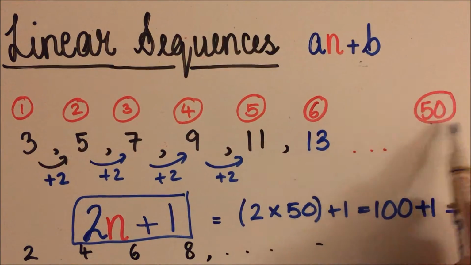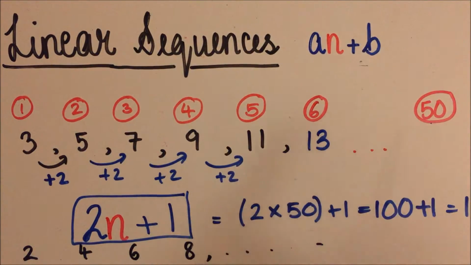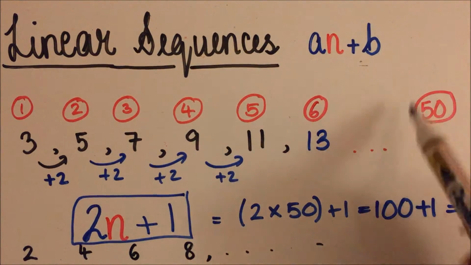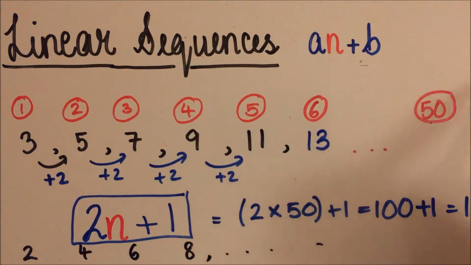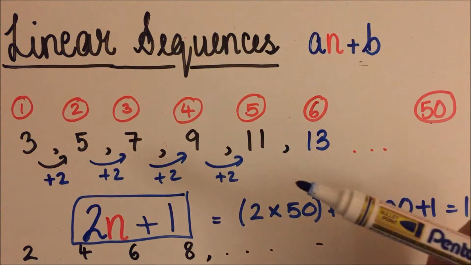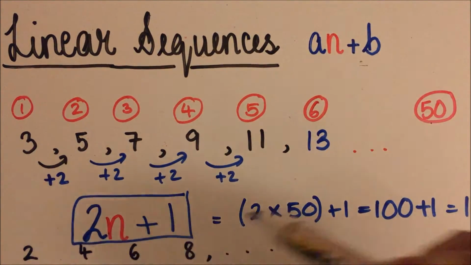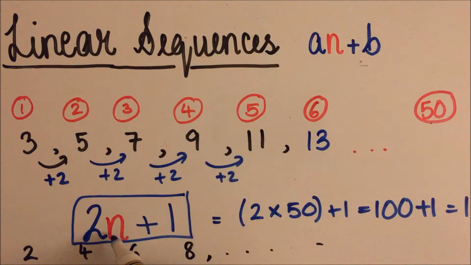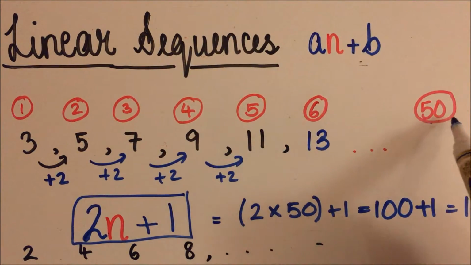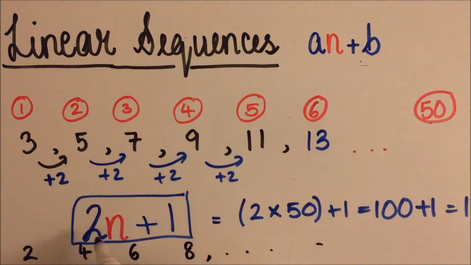So the 50th term of this sequence will be 101. You can either sit there for ages, work out every single term until you get to the 50th, or you can follow the short method, find this formula and just plug in the value for n, which in this case is 50 because we're trying to find the 50th term, and here you get the answer.